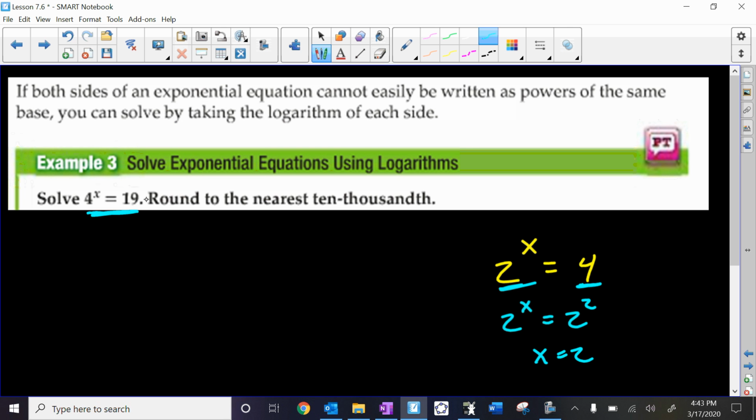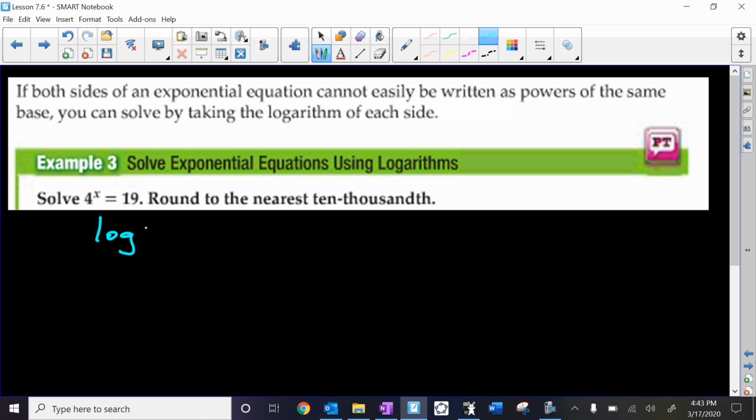So then we turn to our favorite logarithm. Logarithms allow us to solve for an exponent. And I notice that there's not any logarithms actually in here, but we can always put a log on both sides and still be okay. Log of 4 to the x equals log of 19.